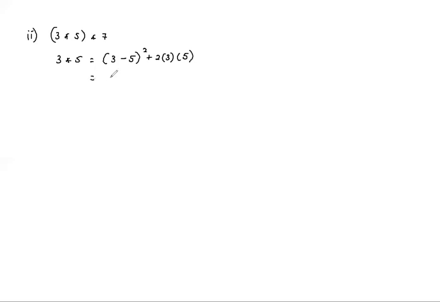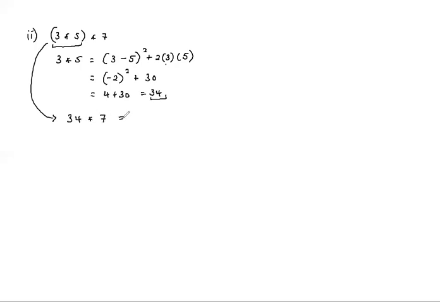So inside here we have negative 2 squared plus 6 by 5, we get 30. So we have 4 plus 30, which is 34. So we're going to have 34 star 7.